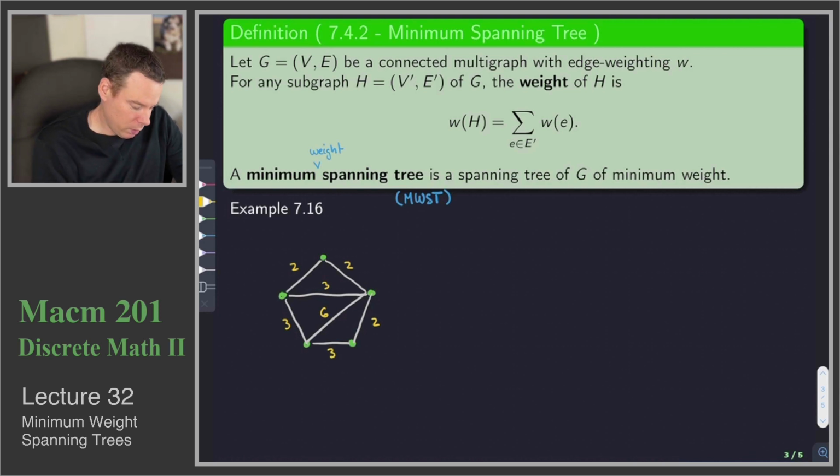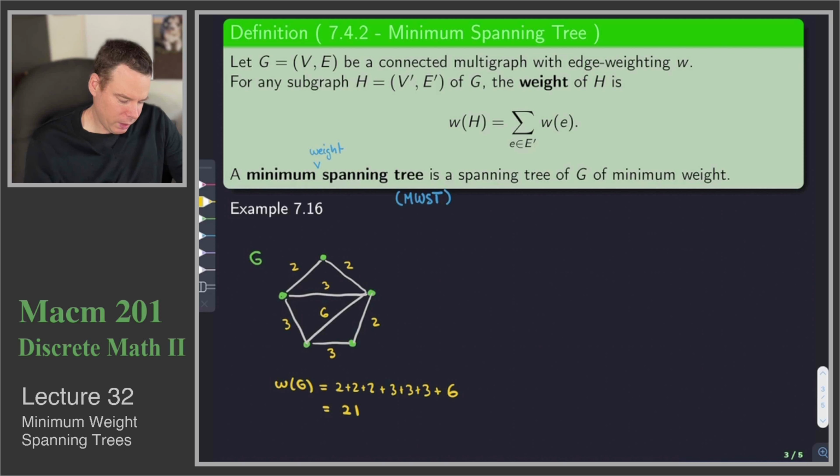For this graph, which we'll call G, what is its weight? The weight of G is just the sum over all of the weights of the edges. So we've got 2 plus 2 plus 2 plus 3 plus 3 plus 3 plus 6. That's 6 plus 9 plus 6, which is 21. So there's the weight of our graph G.